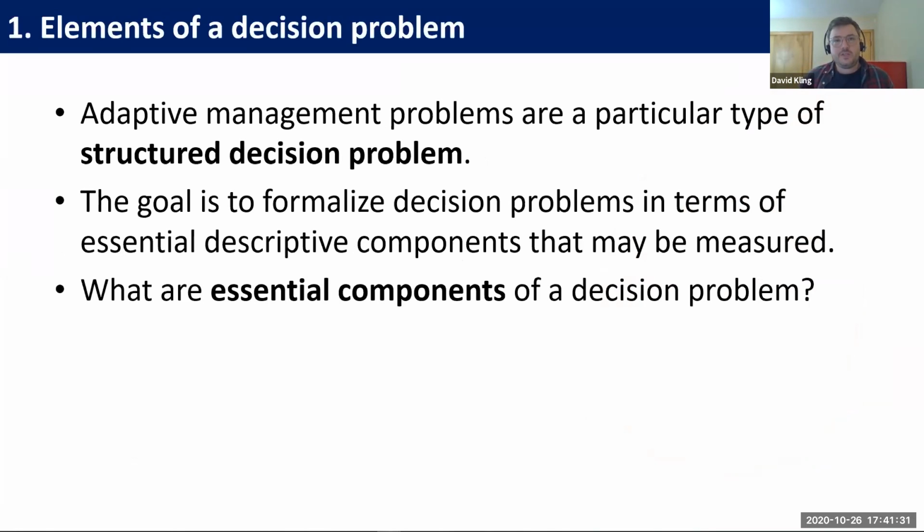So I'm going to talk very generally for a while here about structured decision problems. Our goal in working with a structured decision problem is to formalize a description of a decision problem in terms of essential components that may be measured in principle. And so what are these essential components?